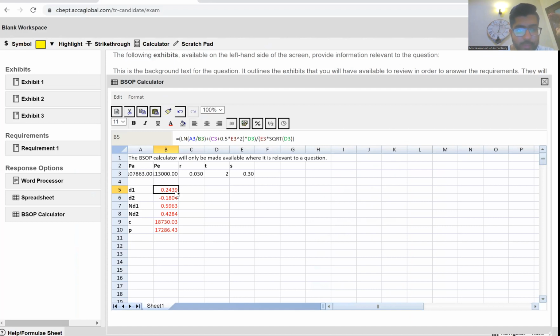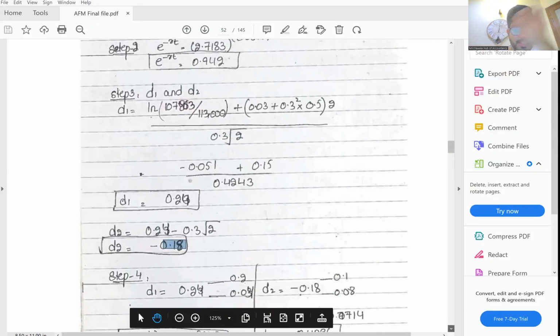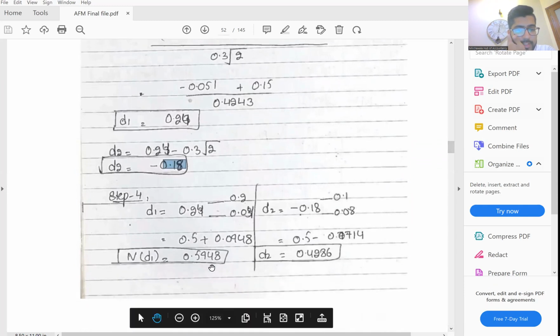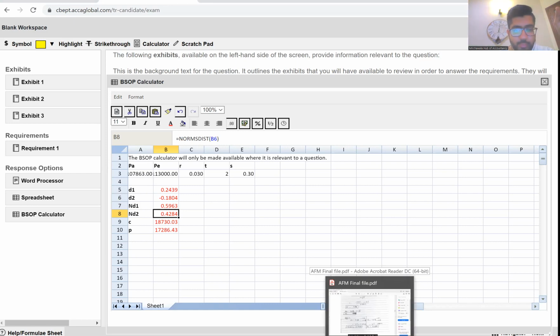Automatic. ND1, ND2. I did such a long format for ND1, ND2, and I got ND1 and ND2 as 0.59, 0.42. Okay. And then call and put 187, 172.